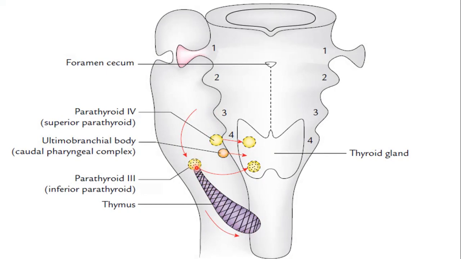Then after some time, the inferior parathyroid will reduce its connection from the thymus, migrate to the thyroid, but at an inferior position. Then the parathyroid, which originated from the fourth pharyngeal pouch, will just move to the thyroid to form your superior parathyroid. Then the neural crest cells forming the ultimobranchial body will migrate to the thyroid to give rise to the parafollicular cells or the C cells.